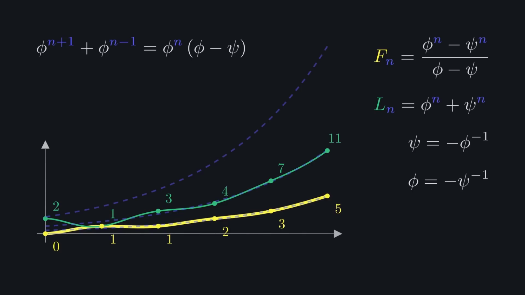But wait, shouldn't we then also be able to just add Lucas numbers around an index, and get that to weave around this new scaled-up power function? Why, yes, that's exactly what happens. And what are the numbers we get? 0, 5, 5, 10, 15, 25, exactly Fibonacci numbers times 5.